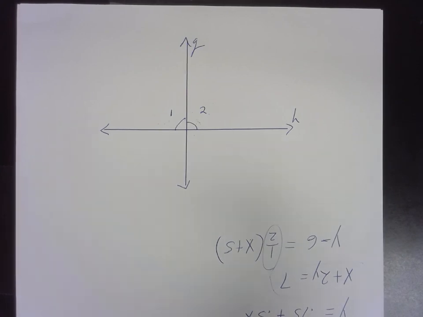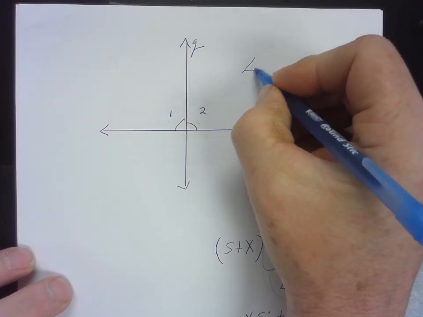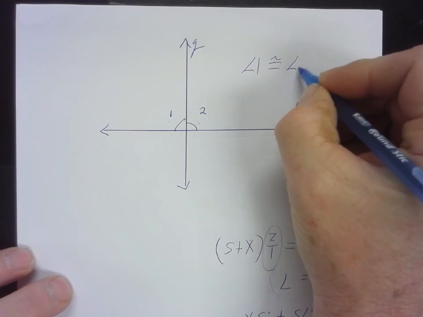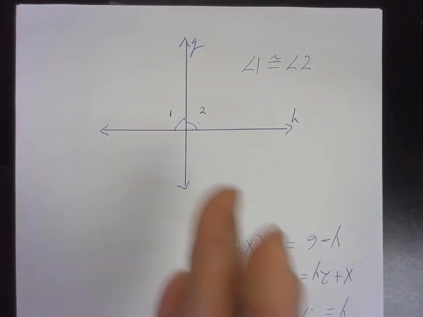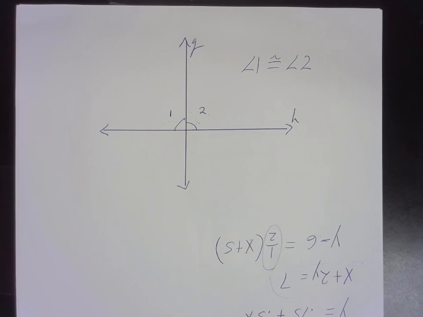If I gave you this problem and said angle 1 is congruent to angle 2 before we even talked about it, and then said, what do you think about line G and line H? How many of you would have thought, oh, they've got to be perpendicular? Especially since we were just talking about perpendicular lines, right? You'd probably figure that one out yourself. Okay.